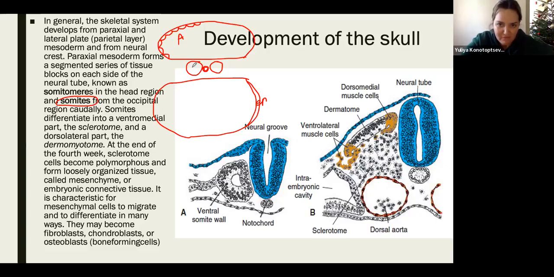If you do the math, if you see how many we have removed and how many have left, the number of these somites corresponds to the number of your vertebrae. So I want you to remember that whenever you hear the word somite, think vertebra. Think of them as the future vertebrae.